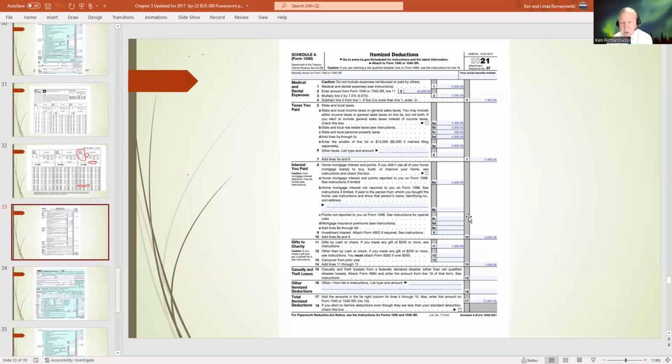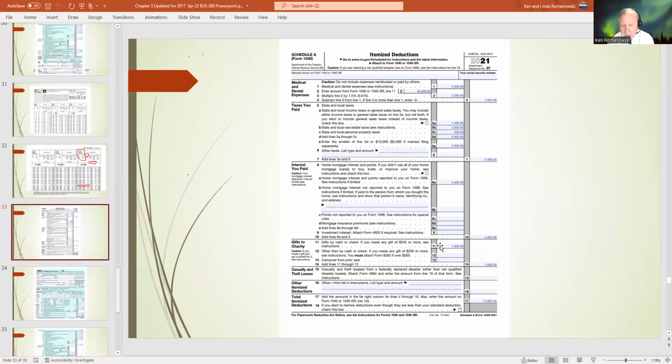Well, as it turns out, he gave $1,000 to a charity or to charities. So he puts those items that are in the form of cash or a check. He will then put that amount here. So he gave $1,000. That's all he gave.